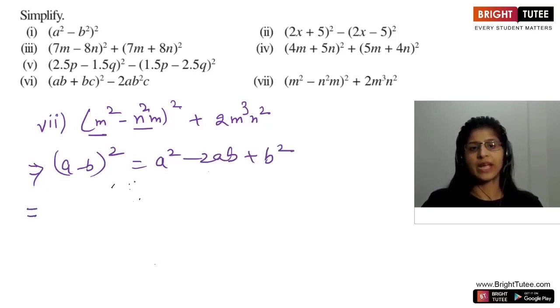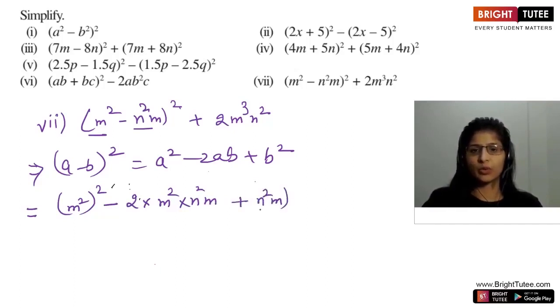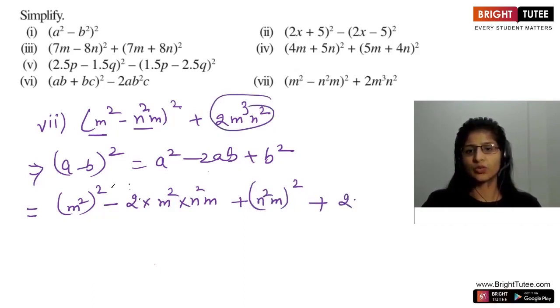So put the value. A square is m square whole square minus 2 into m square into n square m, that is 2ab, plus b square is n square m whole square, plus then one extra term that we are given is 2m cube n square.